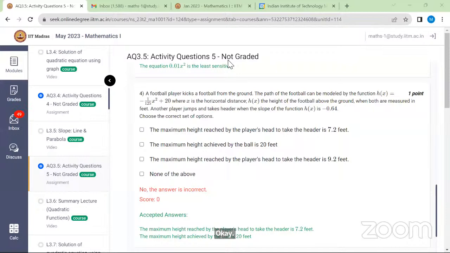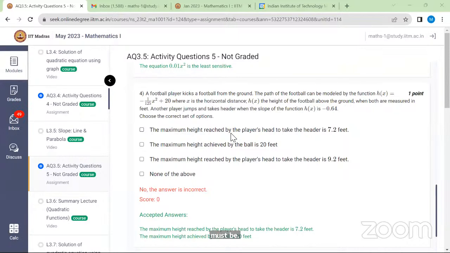Okay. Let's move to the next question. The football player kicks a ball from the ground, and the trajectory of the ball is modeled as a parabola. So that is a quadratic equation where x is your horizontal distance, the distance from the player to the goal, since he must be kicking the ball toward the goal itself.